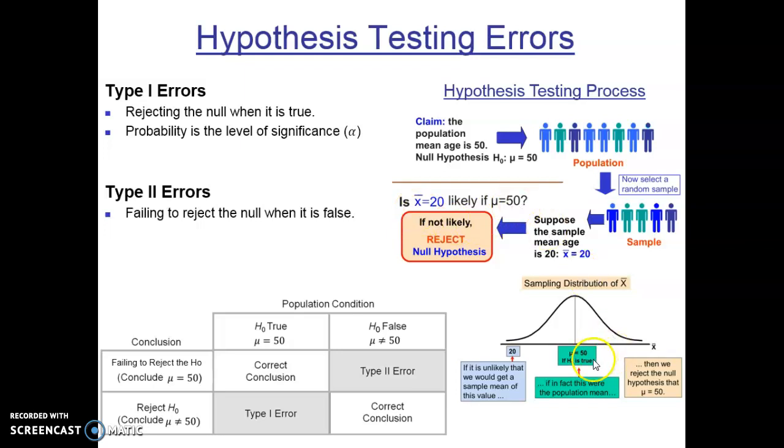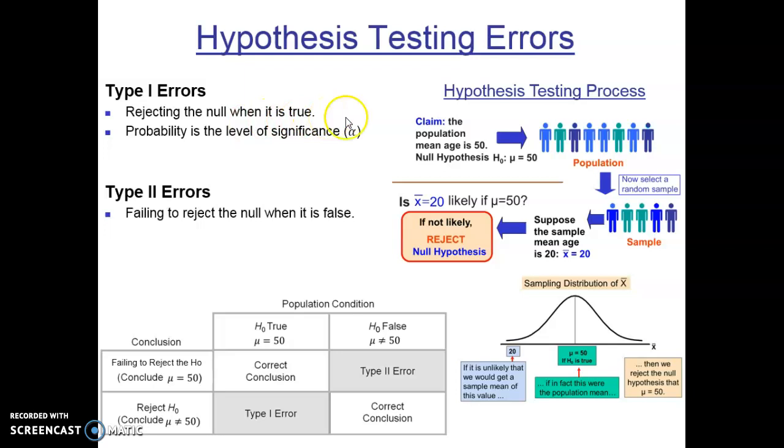Down here, for example, we're hypothesizing that the mean is 50 right here, but then we collect a sample mean that is way over here. And therefore, we reject the null. If, however, the null is true, then we've rejected the null and we're wrong. That is a type 1 error, rejecting the null when it is in fact true.